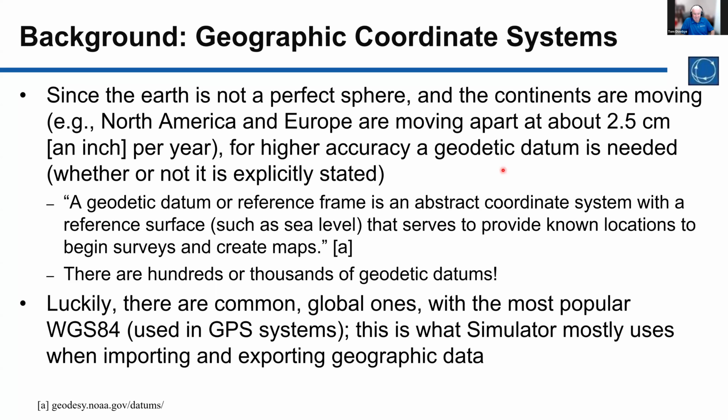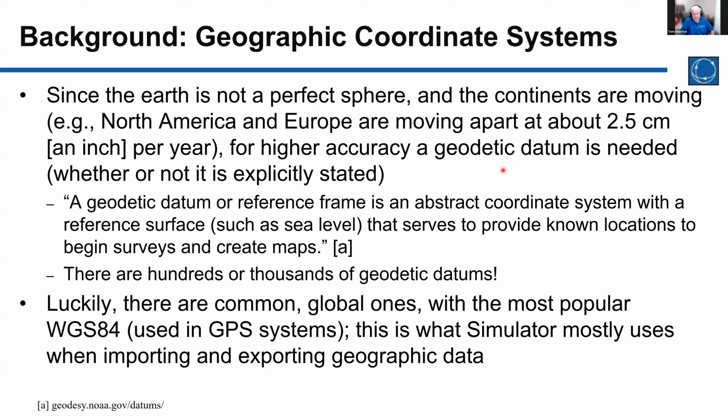datums. PowerWorld doesn't support most of them. Luckily, there are some common global ones, and the most popular one is what's known as WGS84. That's what's used with the GPS systems. So this is what Simulator mostly uses when it's importing, and it always uses when it's exporting geographic data.